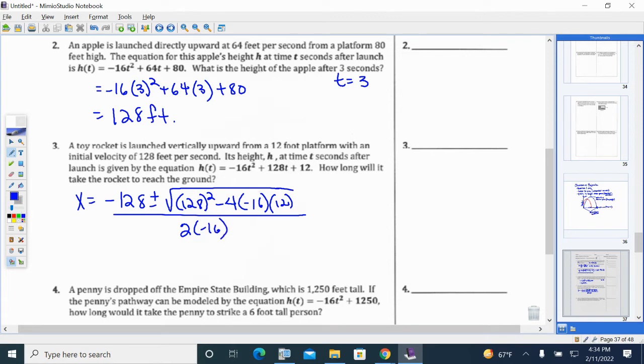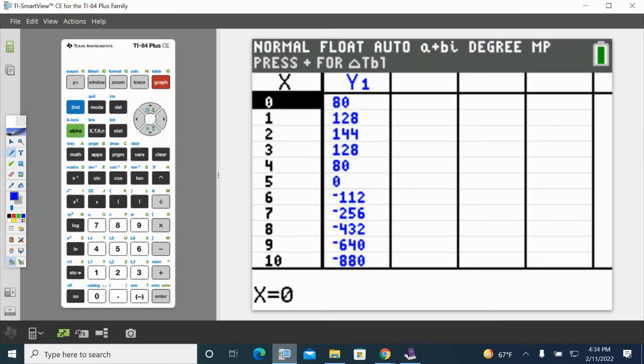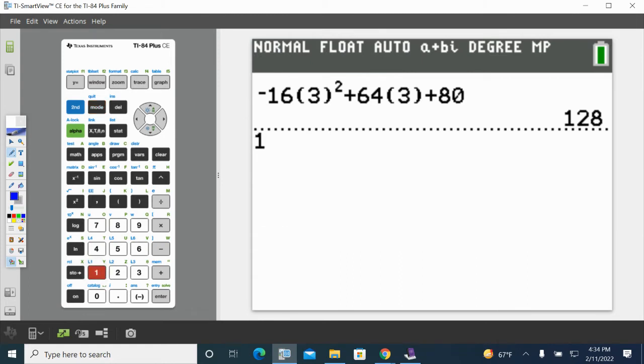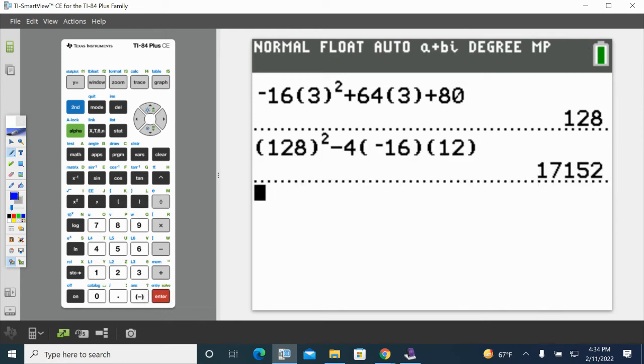So I'm going to find my discriminant. 128 squared minus 4 times negative 16 times 12. And we get a discriminant of 17,152.